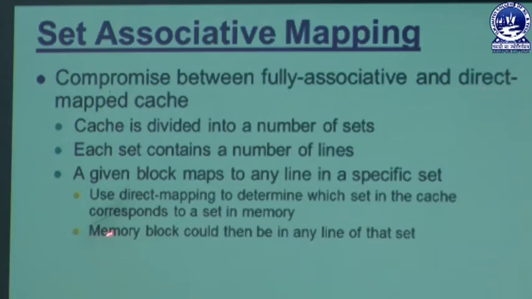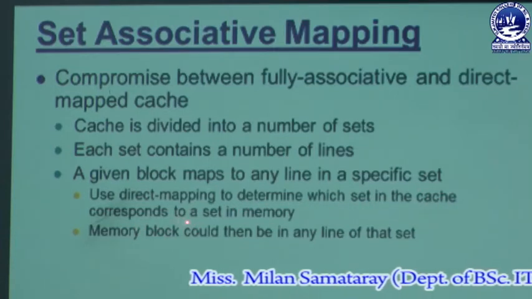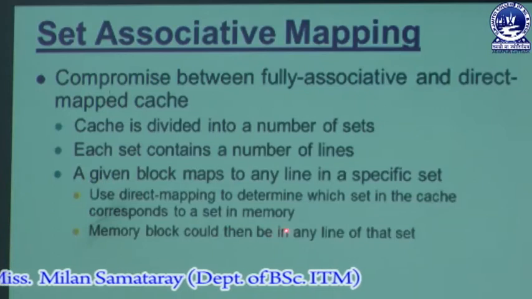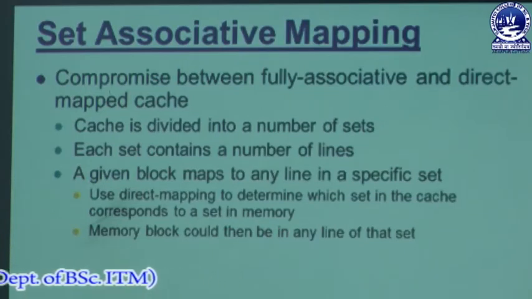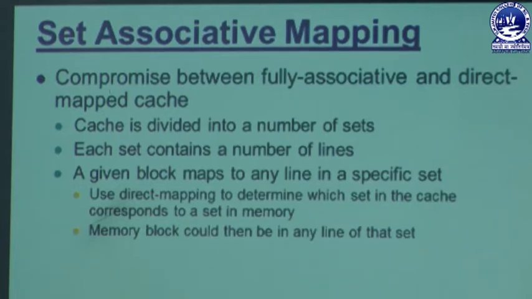So here we use direct mapping to determine which set in the cache corresponds to a block in memory. The formula we used for direct mapping is also used here to get the set value. The memory block can then be in any line of that set, because a set may contain more than one line.